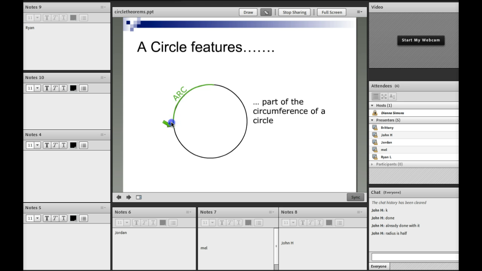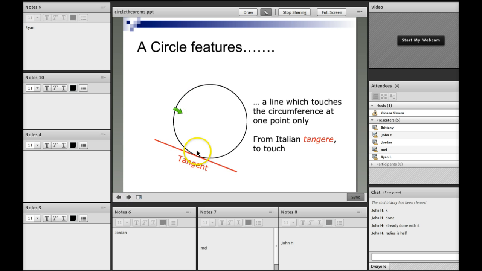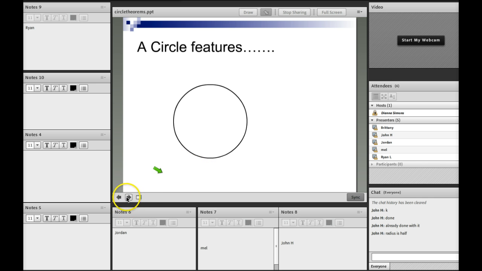John, if you finished it, do they go over the minor and major segments? Okay. All right, so an arc is just part of the circumference. Something that is tangent touches the circumference, or touches something only at one point. So tangere means to touch. I don't know if that's how you say it or not.